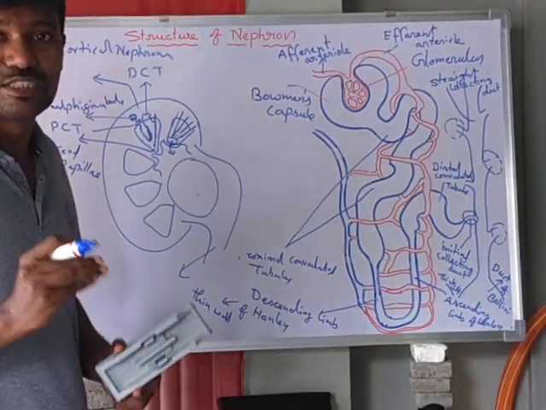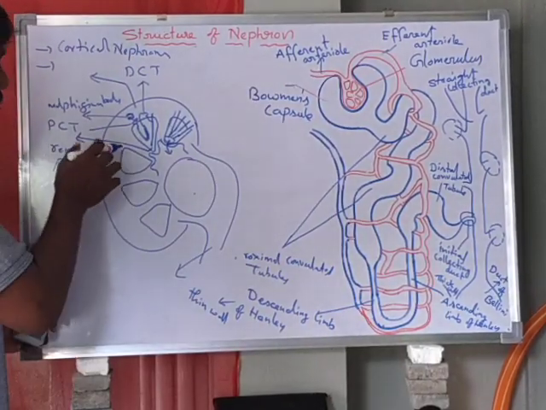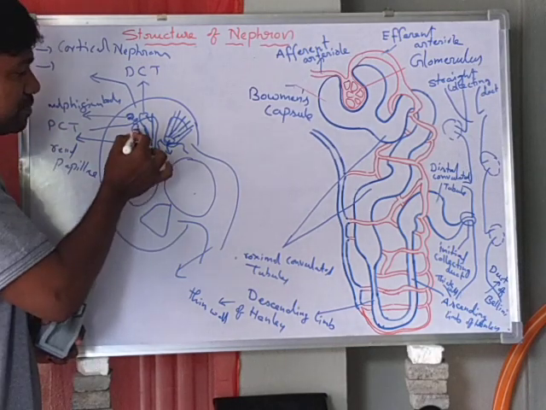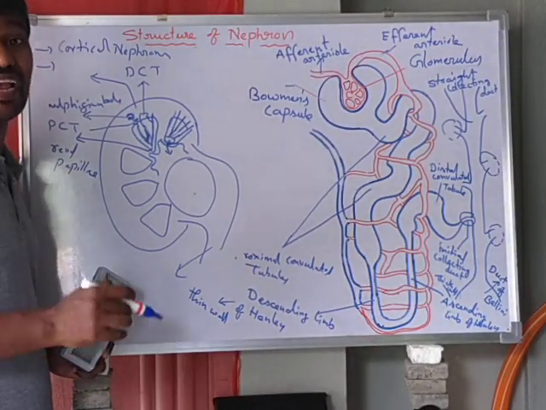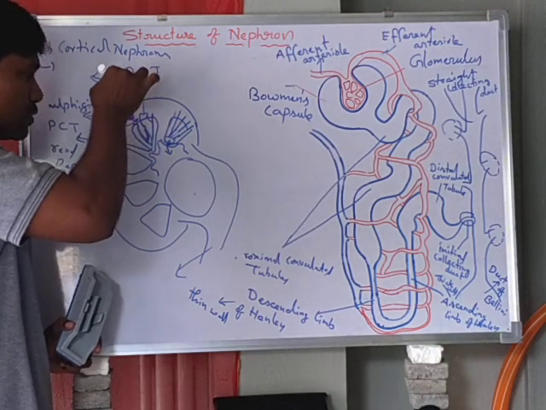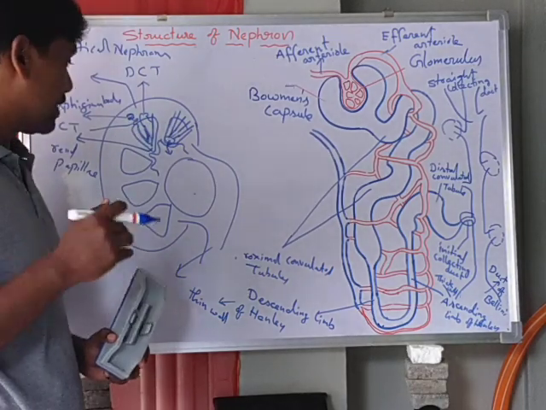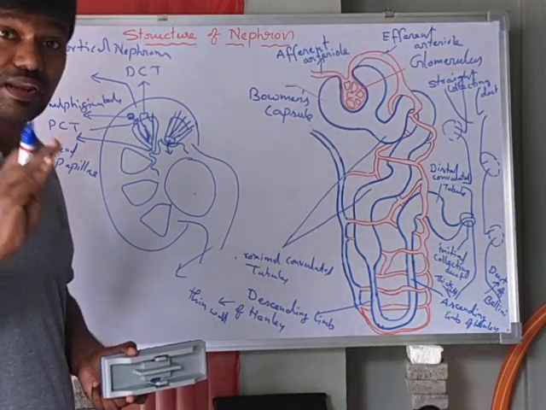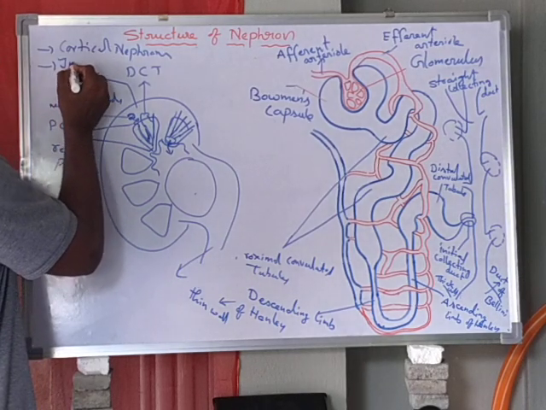Those nephrons that contain a long Henle loop, which passes very deep into the medullary region, are called juxtamedullary nephrons.